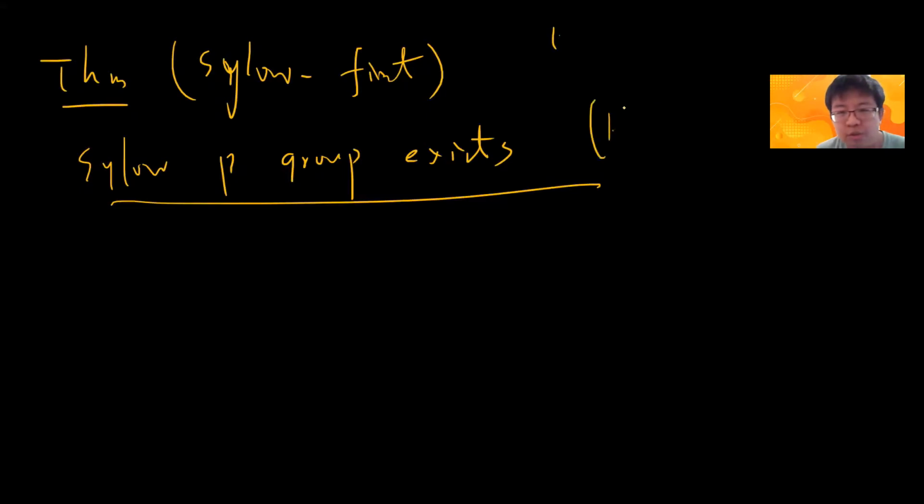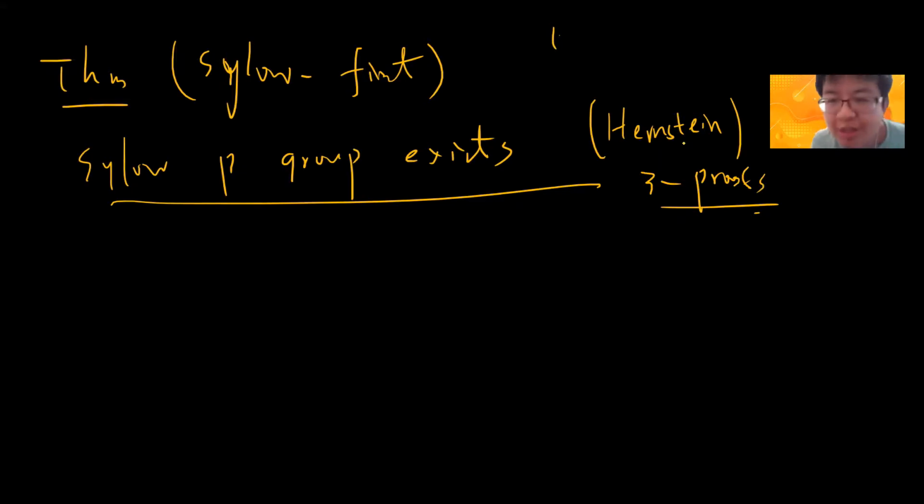If you go to an undergraduate abstract algebra textbook like Herstein, it will give you 3 proofs. In this video I will not give all 3 proofs. There are 2 kinds of proof, and maybe in the next video I will give another one.